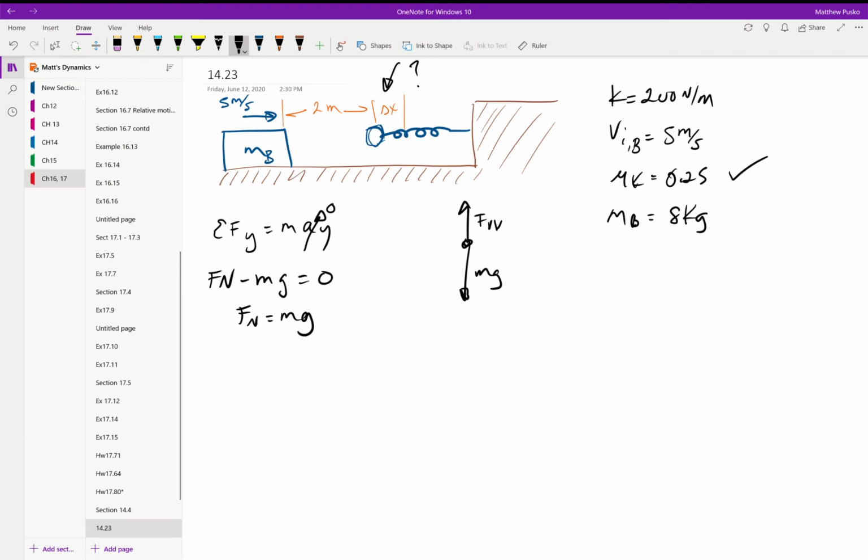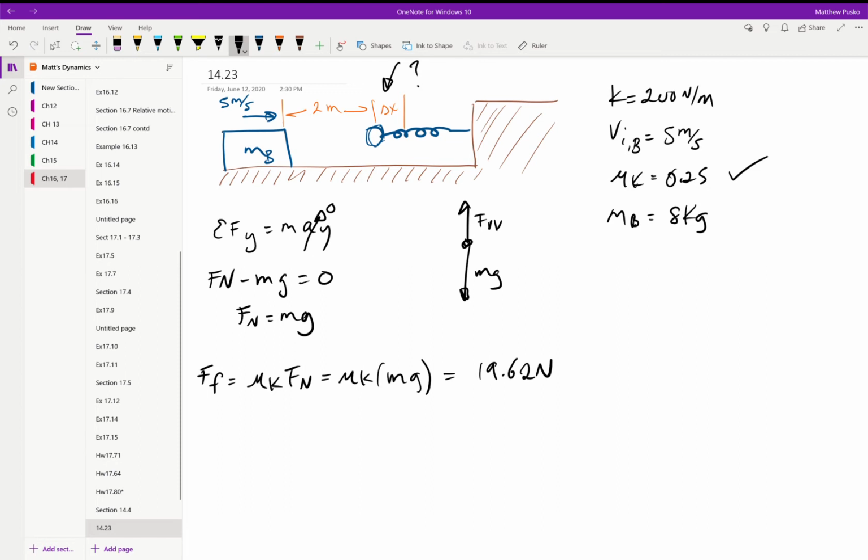The force of friction is equal to mu k times the normal force, so mu k times mg, and we can calculate that right away: 19.62 newtons.